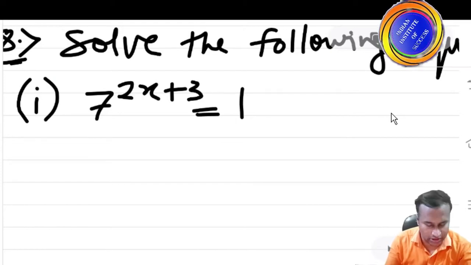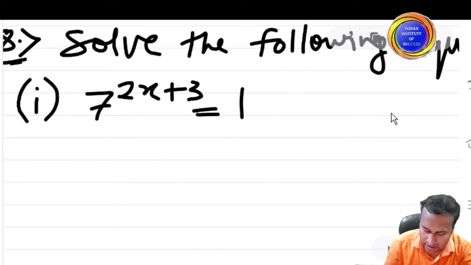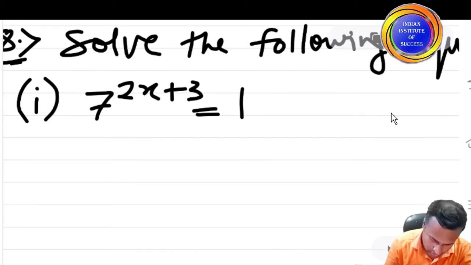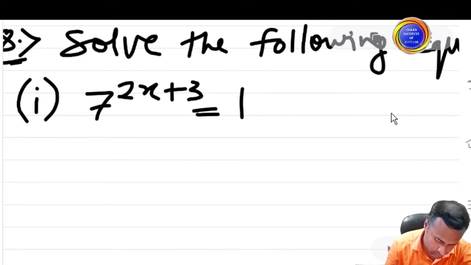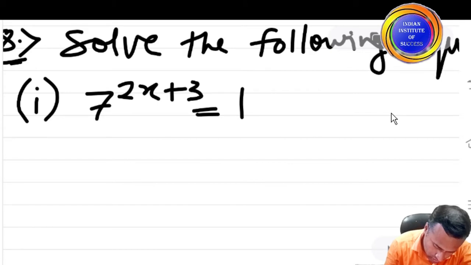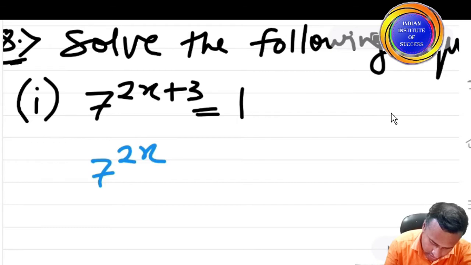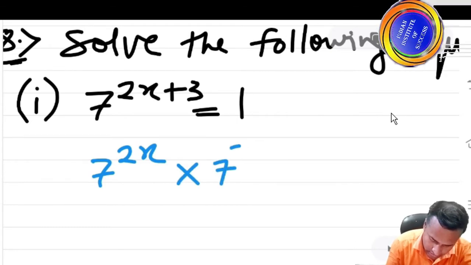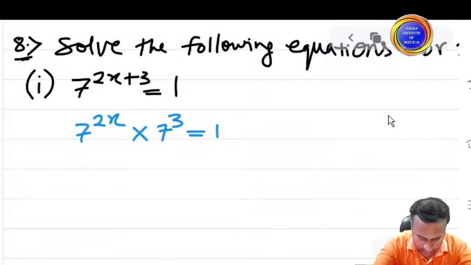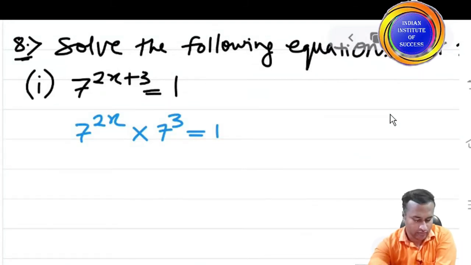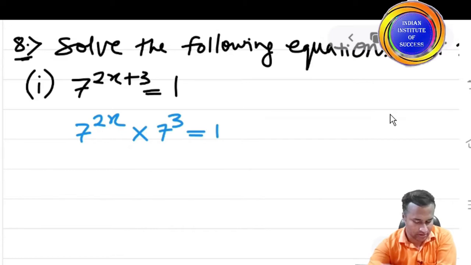Now students, give attention here. The power of 1 can be anything. But 7, you can write it in this way, 7 raised to power 2x into 7 raised to power 3 equal to 1. Now what will happen? Something is divided here, it is multiplied.